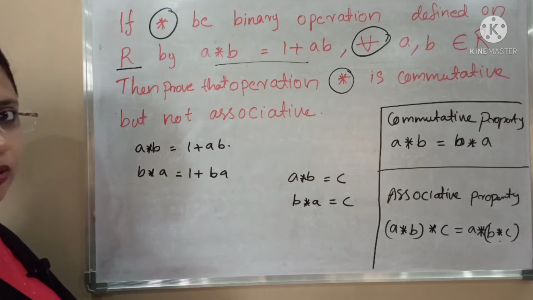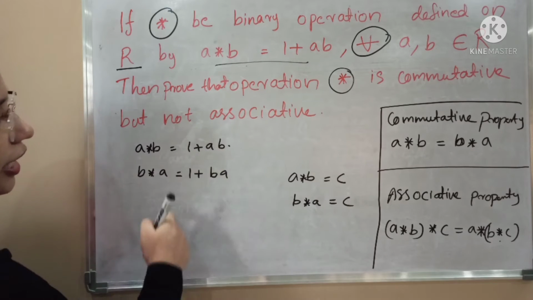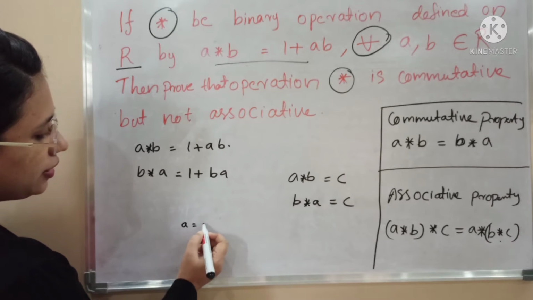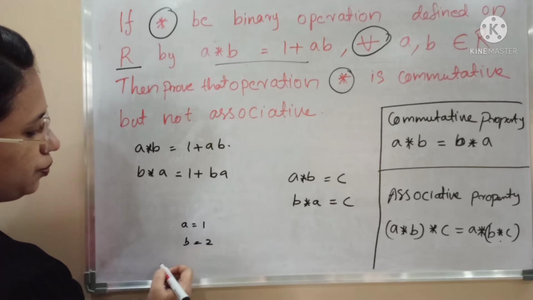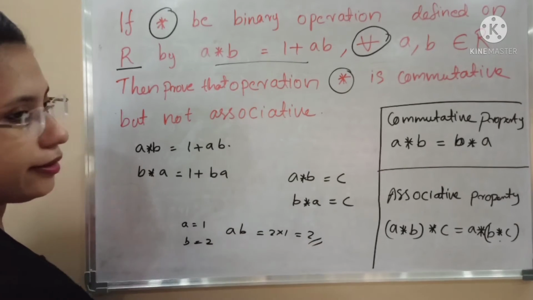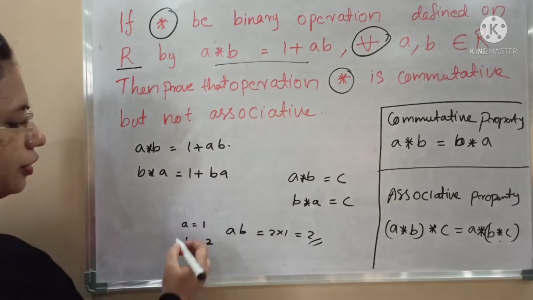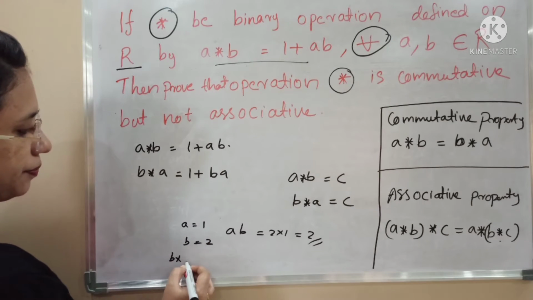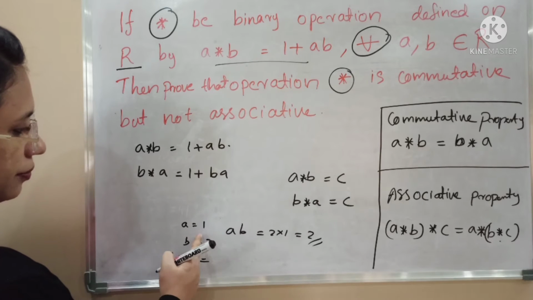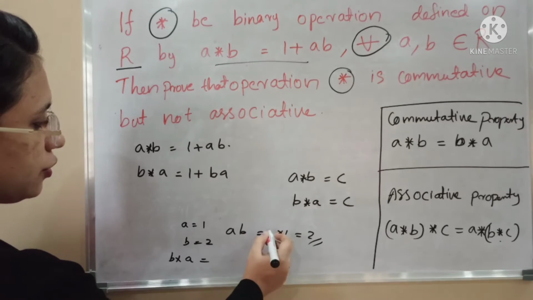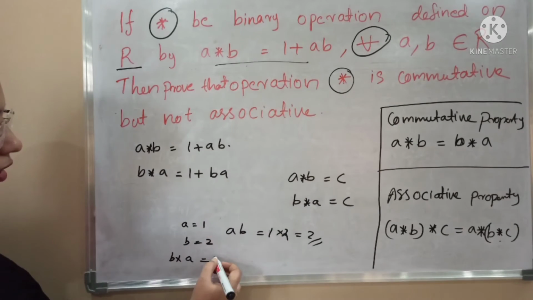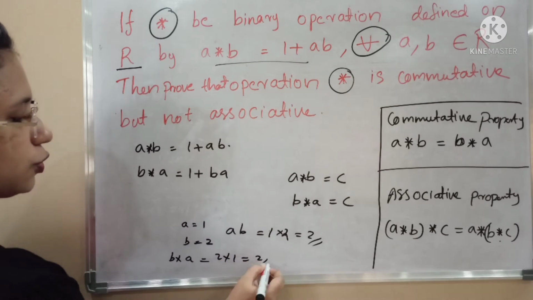So by seeing it itself, we can understand. a into b is what? Suppose a equals 1, b equals 2. a into b is 1 times 2, that is 2. Clear? And if we do b times a, a is 1, so 2 times 1 is also 2.